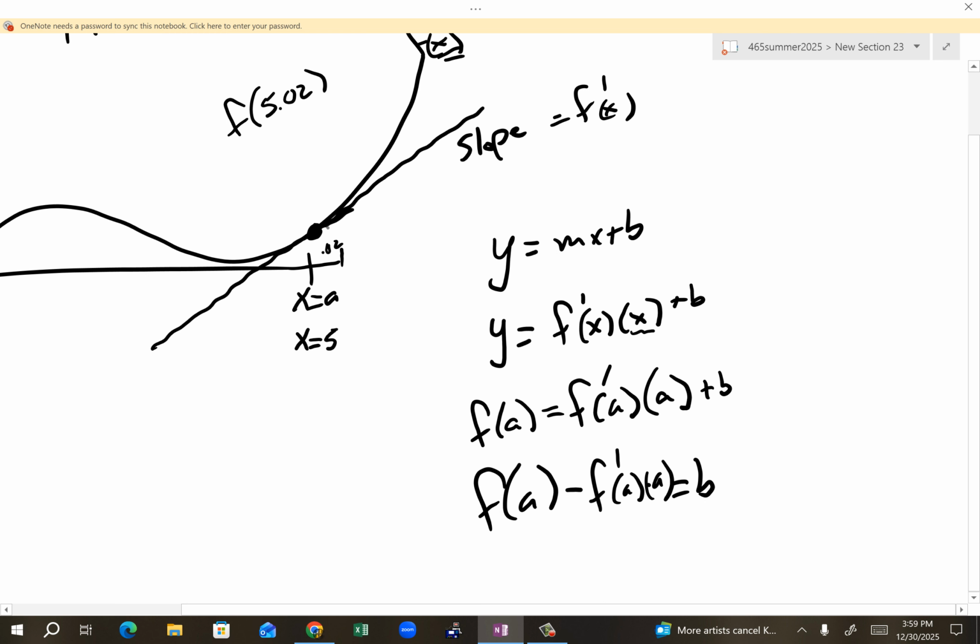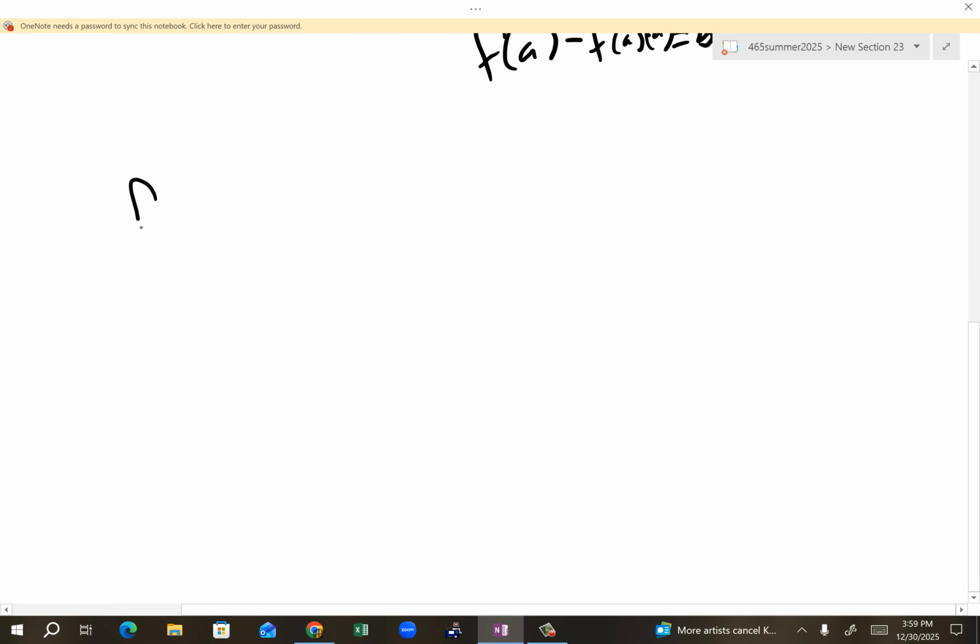So in other words, this line pretty well approximates the function. And so what we're going to say is f of x is approximately equal to f prime of x. Darn it. Sorry. f of a, plus f prime of a.